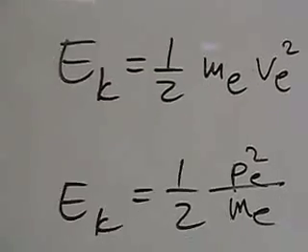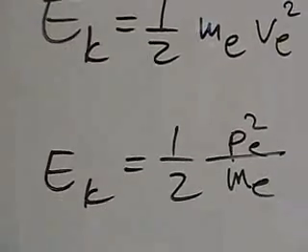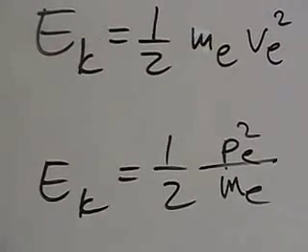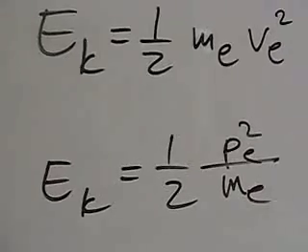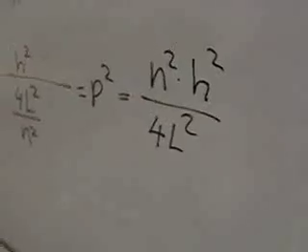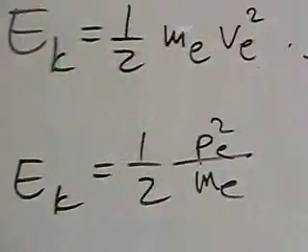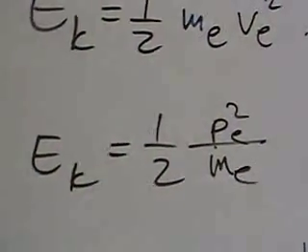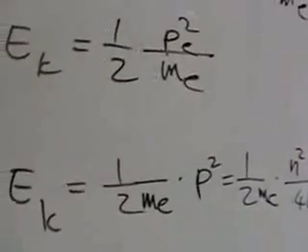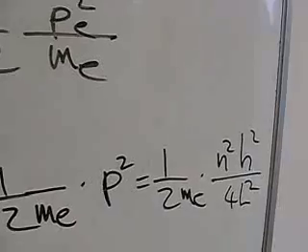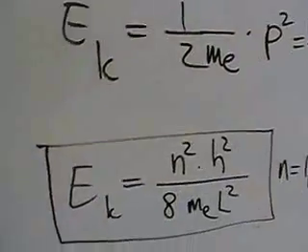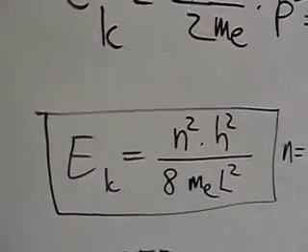If we do that, we get that the kinetic energy of the electron is equal to 1/2 the momentum squared divided by the mass of the electron. And now we're just going to substitute for the momentum squared this relationship right here. So we stick the value in there. For the momentum squared, I substitute n squared h squared over 4L squared, and of course that gives us this value right here, which is what we want to find out.